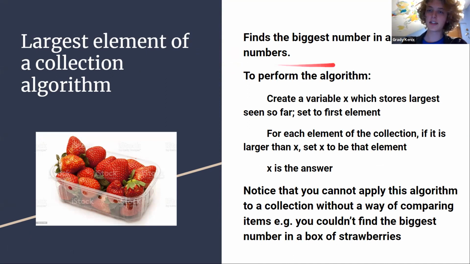One way you could do that is to create a variable, like writing down on a piece of paper the largest strawberry you've seen so far, and then you go through all the strawberries, and if any strawberry you find is bigger than the biggest one you've seen so far, then you write that weight down. And at the end of it, the last number you've written down will be the answer.